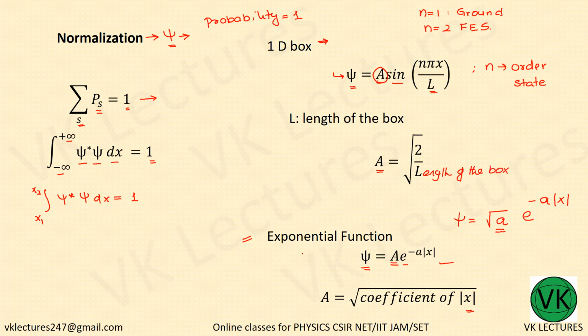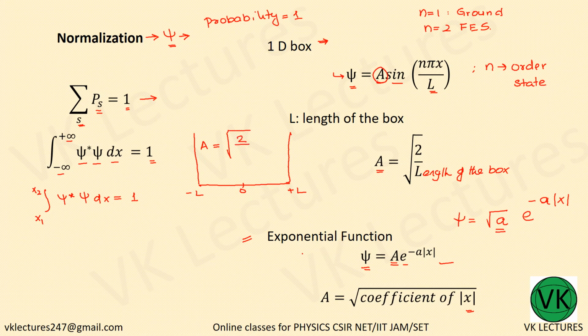Suppose we are finding out the normalization constant. Here we have a 1D box whose limits are 0, minus L, and plus L. Then the normalization constant A for this particular 1D box will be equal to root of 2 divided by the length of the box.